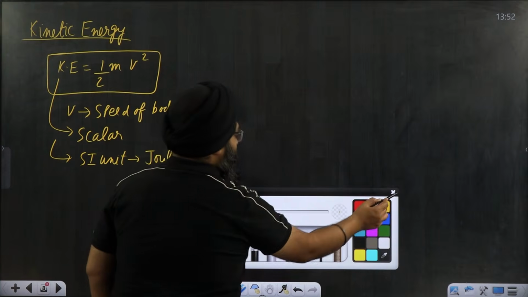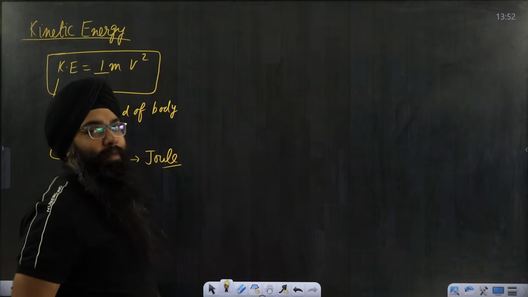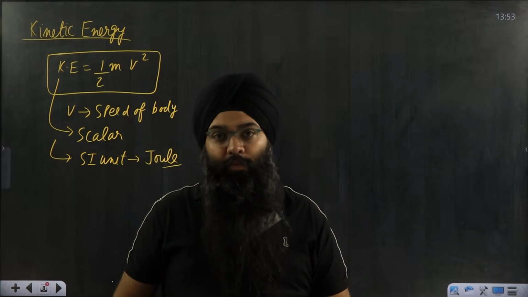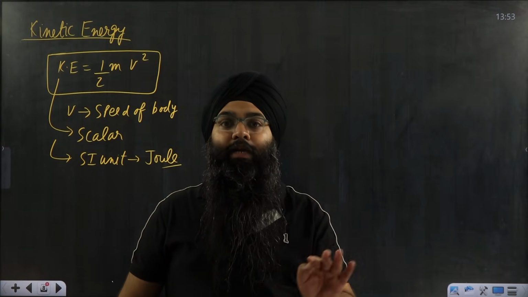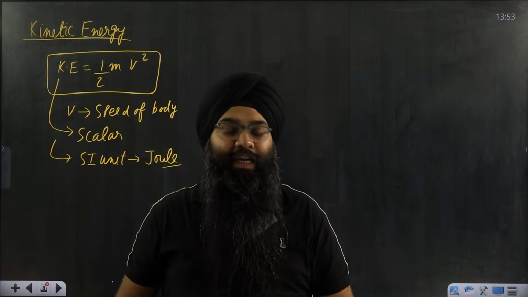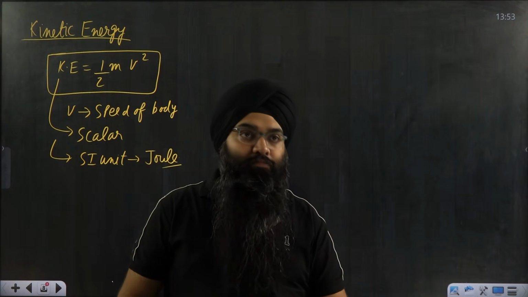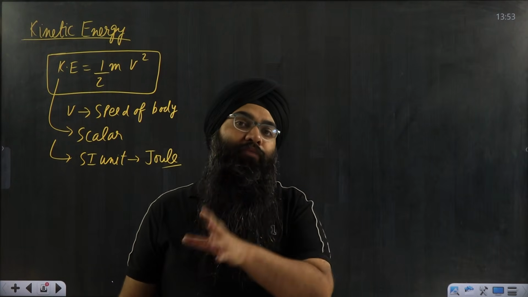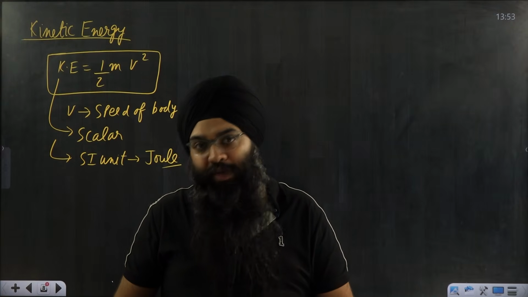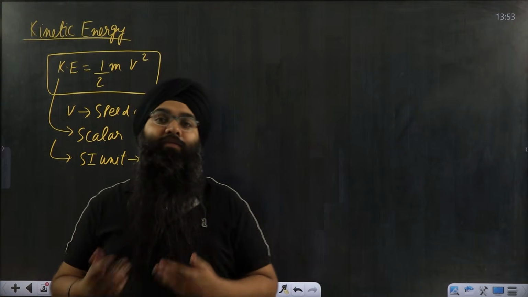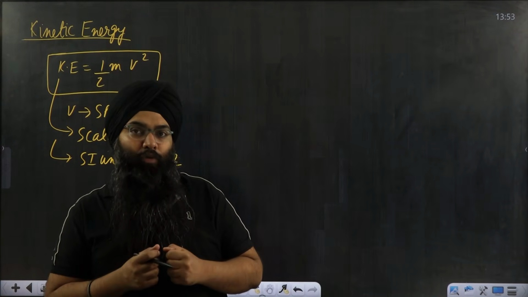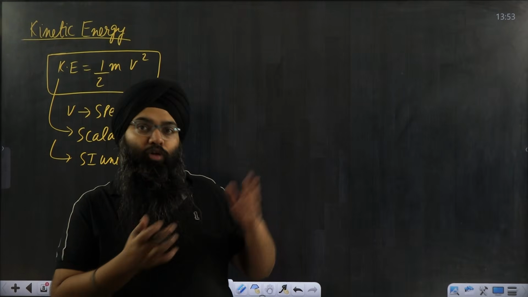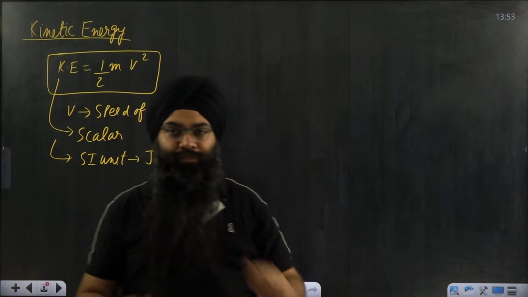Now one more thing, please understand, kinetic energy depends on the frame of reference. By the way, work done also depends on the frame of reference. Work done and kinetic energy are both frame dependent quantities. Why? Because suppose there is a particle which is moving with some speed v. Now if the observer changes, suppose I am also moving with the same speed v and I am observing that body, then according to me the velocity of the body will be 0.